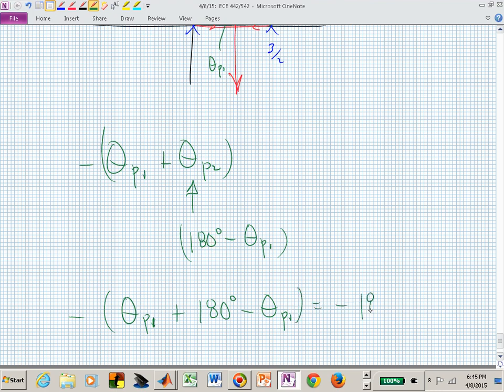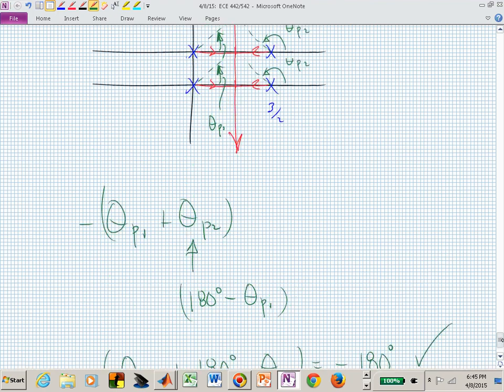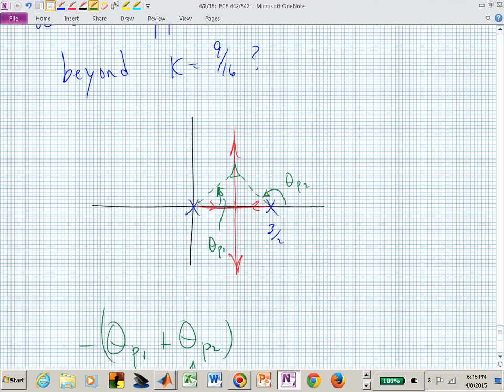That's minus 180 degrees. Yay! That's what we wanted, wasn't it? And that's true for any location on that vertical line halfway between those two poles. That's a verification of why I was able to sketch the root locus as quickly as I was when I just had two poles and nothing else around.